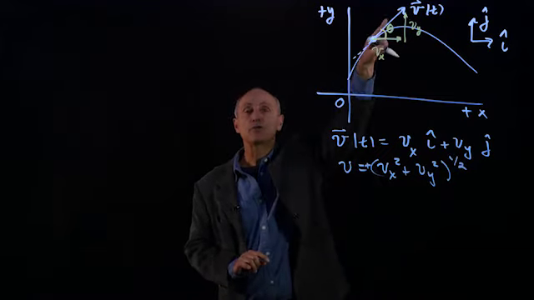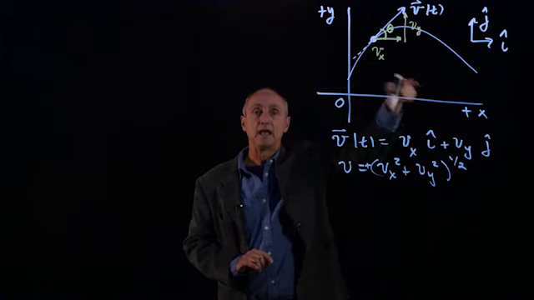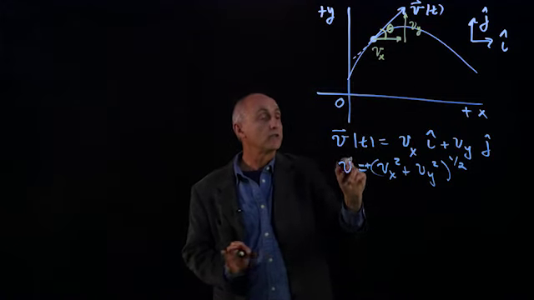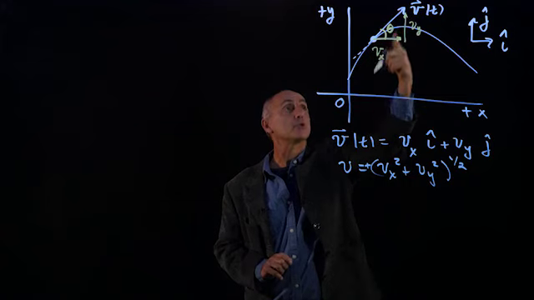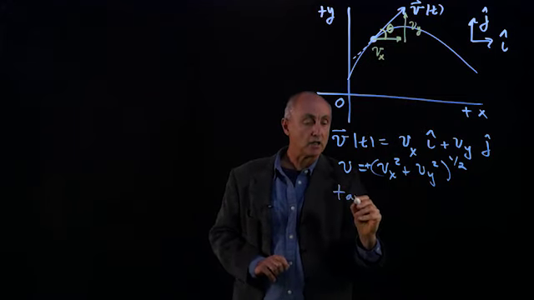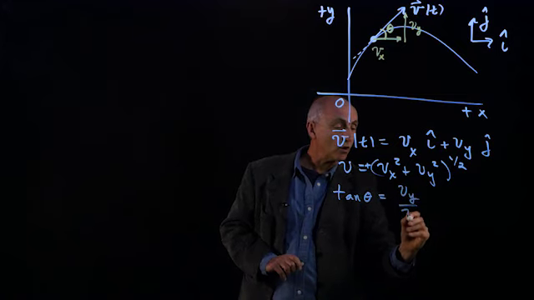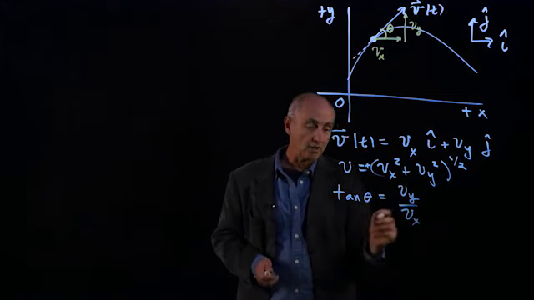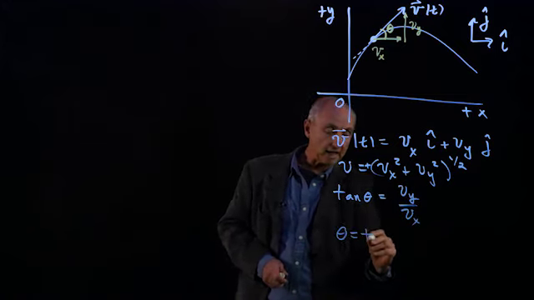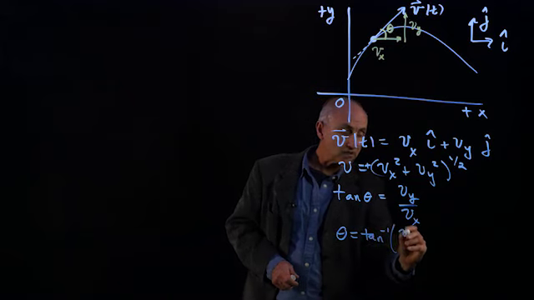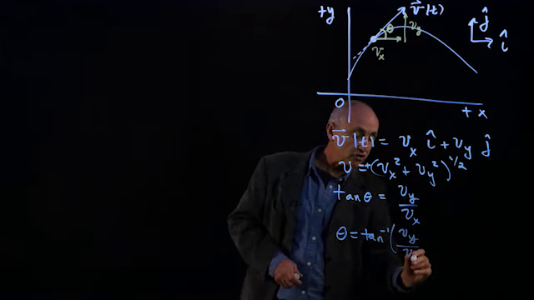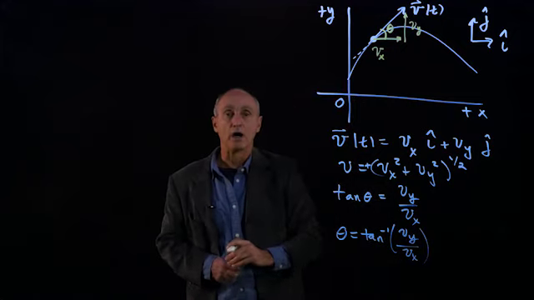And now what about the direction of this vector in the xy plane? Well, we can see from our geometry that tangent theta is given by the y component over the x component. Or one could say that the angle theta at this given time is the inverse tangent of vy over vx.